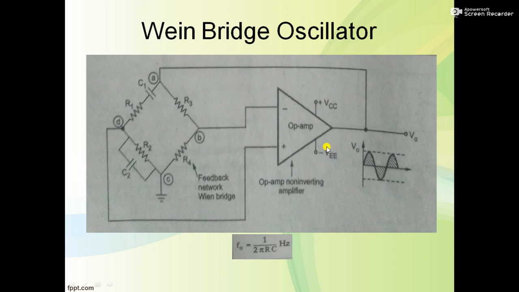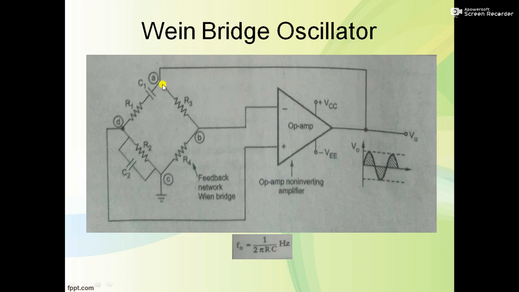When you apply VCC and VEE to this op-amp, we get a distorted signal at the output side, and that output is fed back to the Wien-Bridge oscillator circuit.